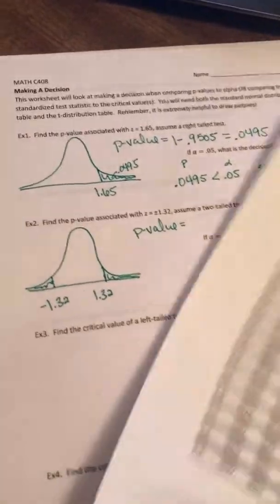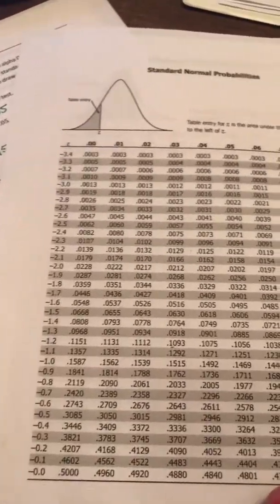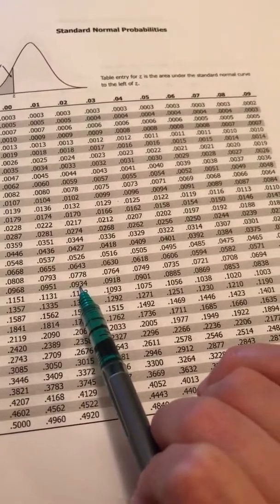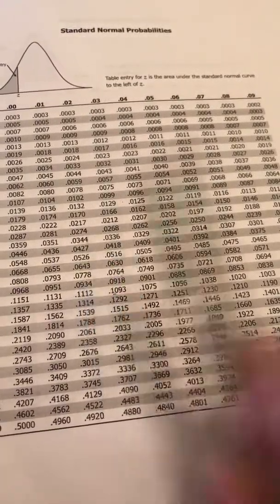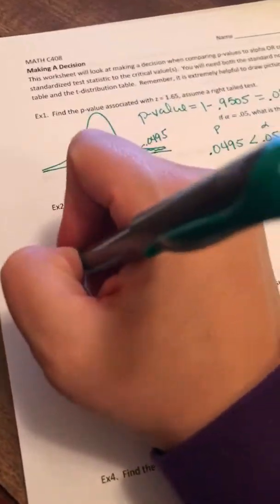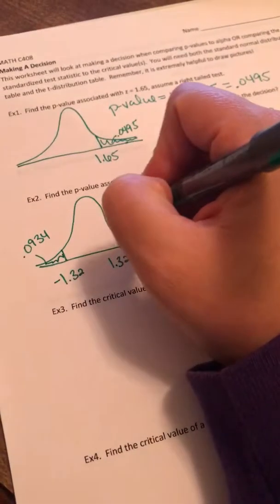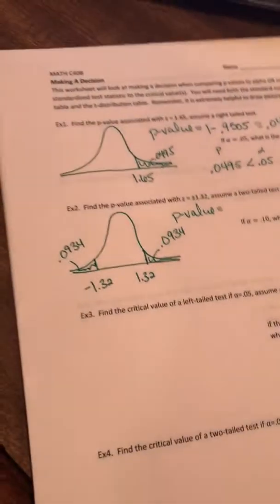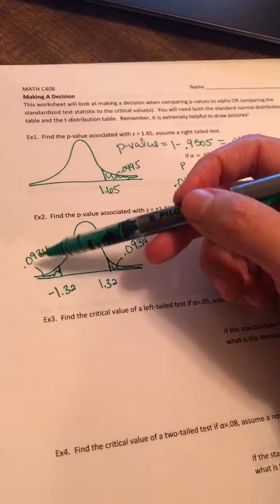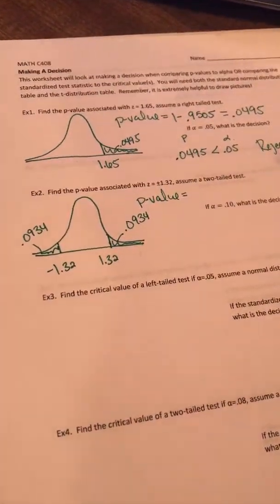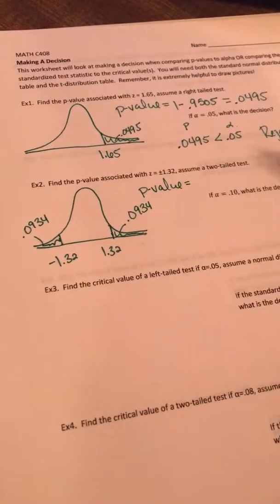So if we look at negative 1.32, we've got 0.0934. So this side is 0.0934, and this side would also be 0.0934 because it's symmetric. So if we combine those, multiply by 2 or add them together, it should be 0.1868.